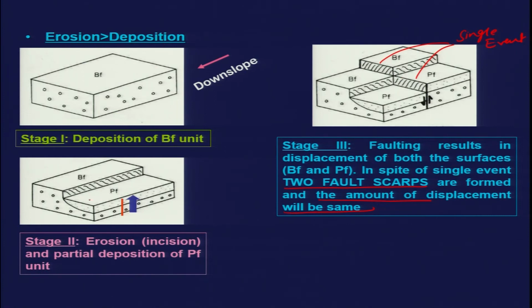The deposition was not able to cope with the erosion which took place, so it left out this portion, and that is one reason why we see the scarp here. This is an erosional scarp which is left out, which you can compare with this one, and these two scarps along the fault are the tectonic scarps. This is because of the single event.